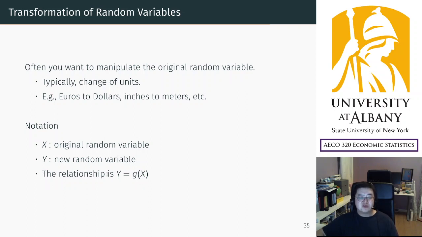So we assume that the new random variable is related to the original variable by the function g. When you put x into this function, you get what you are interested in. You are interested in y, which is a function of the original random variable.